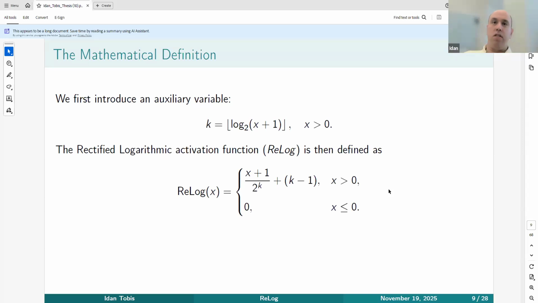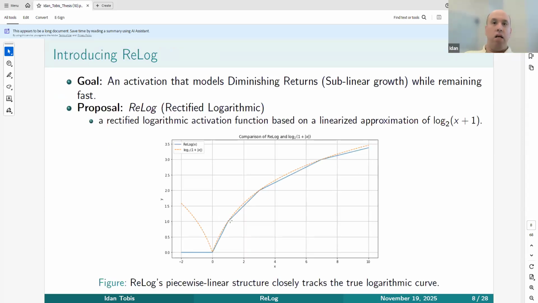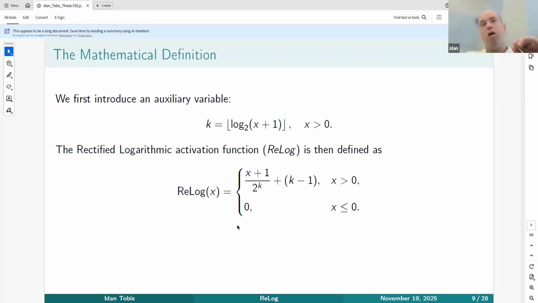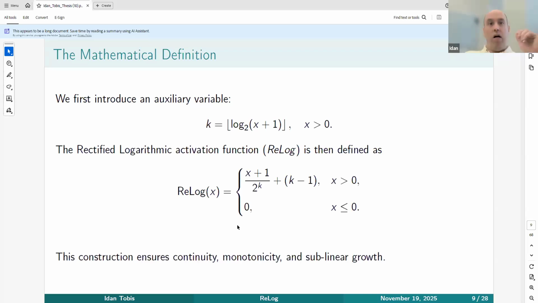Why k minus 1? Because this is basically the integral of the previous section, of the previous triangle. So now our function is continuous, it's monotonic, and it has sublinear growth.